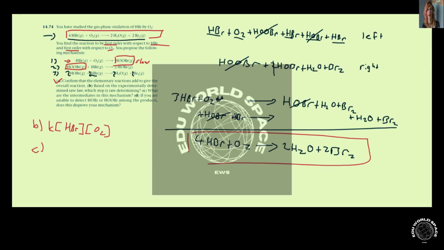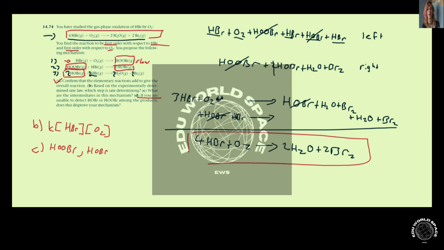So we can say HOOBr is an intermediate. Let's see if we have more. 2HOBr over here is consumed by 2HOBr here. So HOBr is also our intermediate.